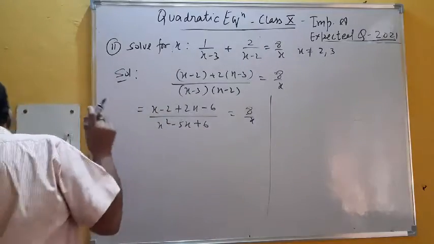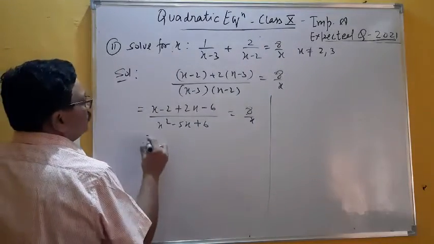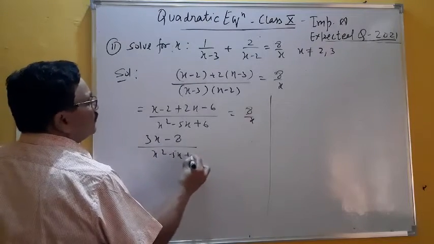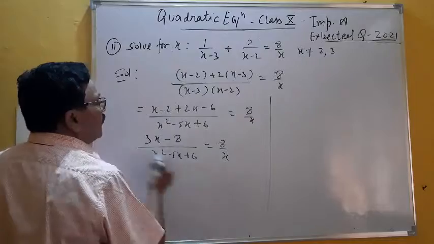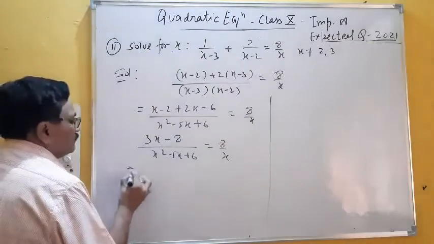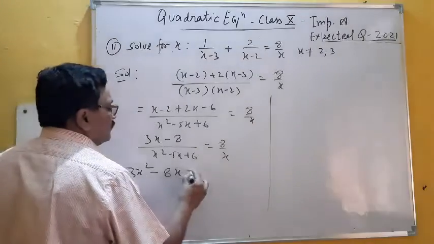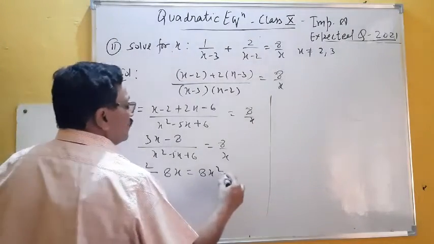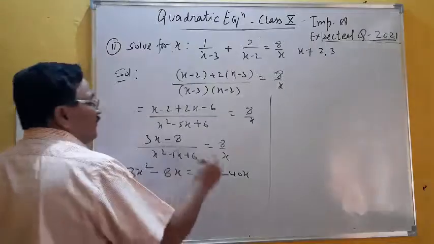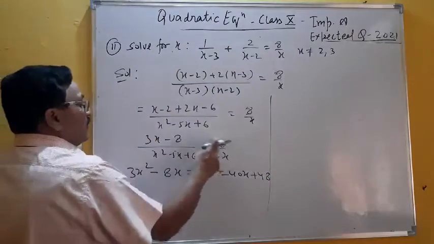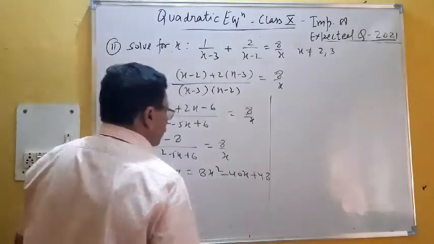Here, sorry, 3x minus 8, x square minus 5x plus 6, 8 upon x. Cross multiply: 3x square minus 8x, 8x square minus 48x plus 40, 8x square minus 40x plus 40.